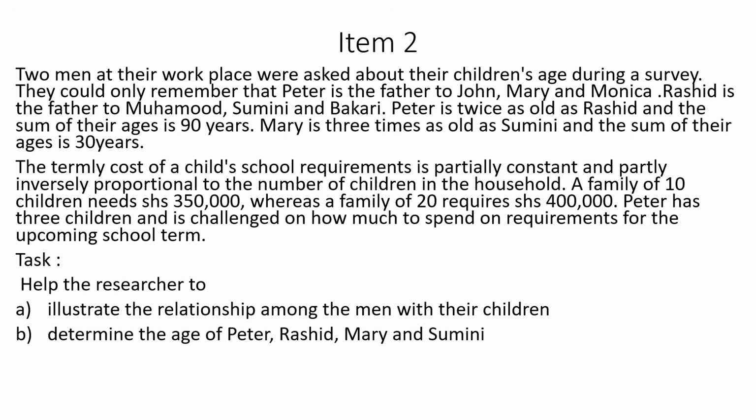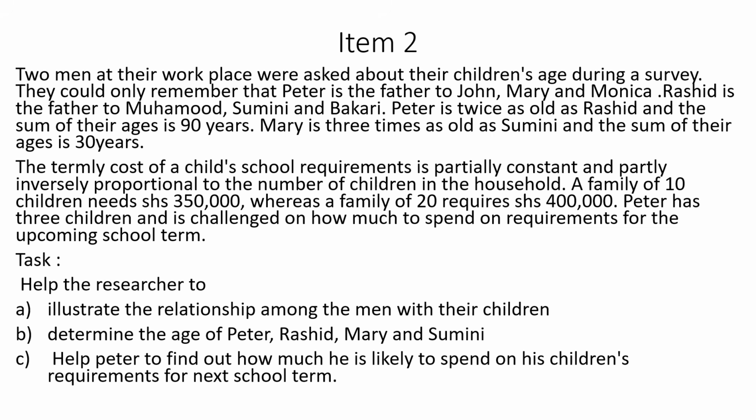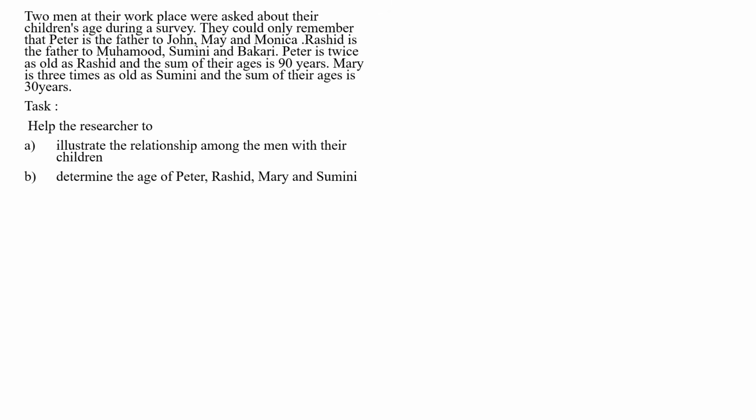Now, let us start with the first paragraph. And then help Peter to find out how much he's likely to spend on his children's requirements for the next school term. Now, I told you that if we are illustrating, we are expected to have something there.